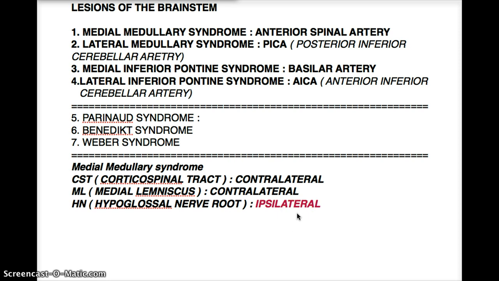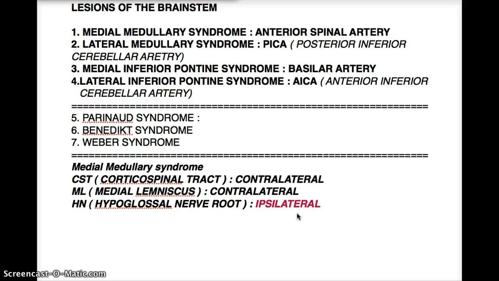So if you have a scenario where they talk about a hypoglossal nerve root problem, a medial lemniscus problem, a corticospinal tract problem, and you're sitting down and thinking, where is this problem? Oh, I know, this is in the medulla. Why? That's because the hypoglossal nerve root is there. Cranial nerve 12 originates in the medulla.